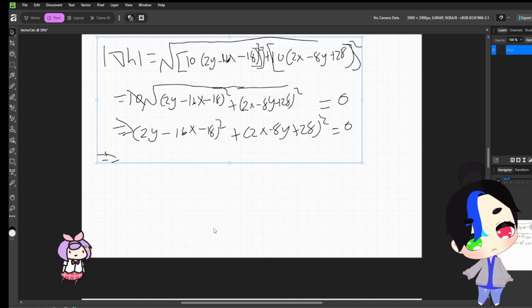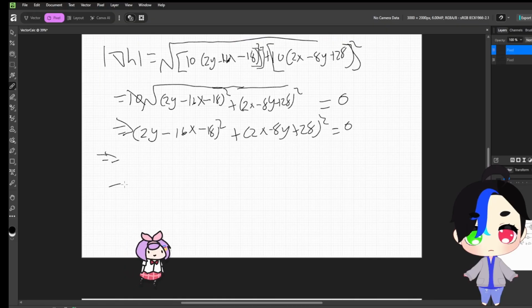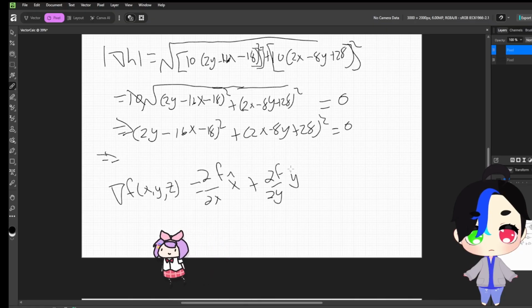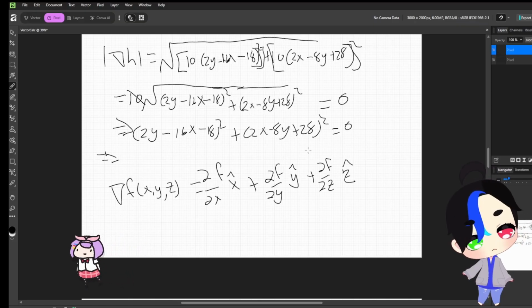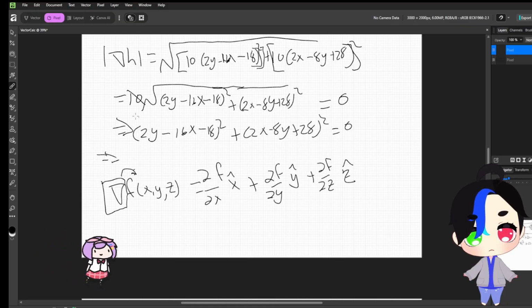So what we can do, if we have some function of x, y, z, is write the gradient as partial f partial x x hat plus partial f partial y y hat plus partial f partial z z hat. Then we can take this f out and treat this gradient as an operator, a set of instructions that, when acted upon a function, tells us what to do.